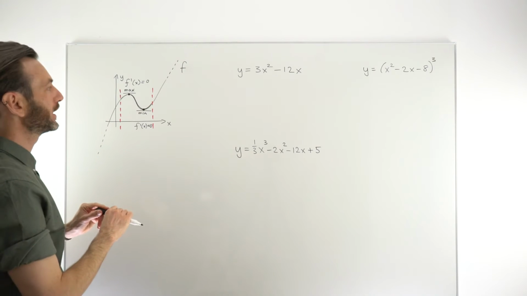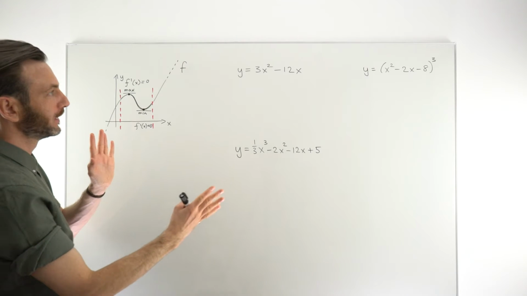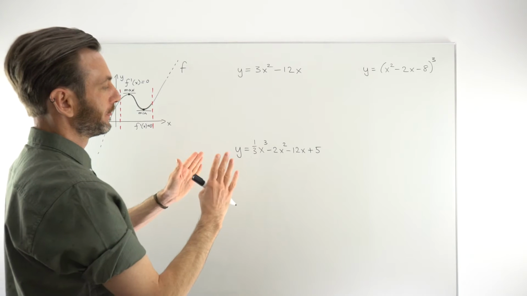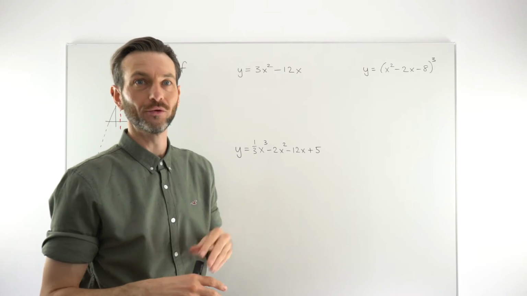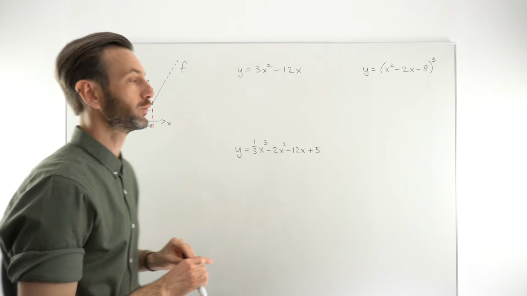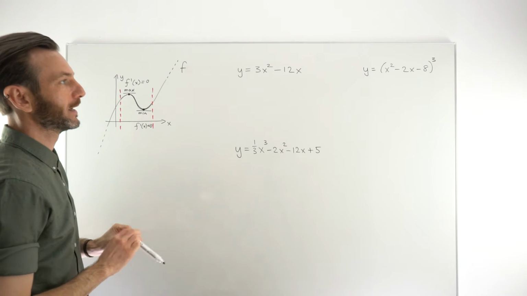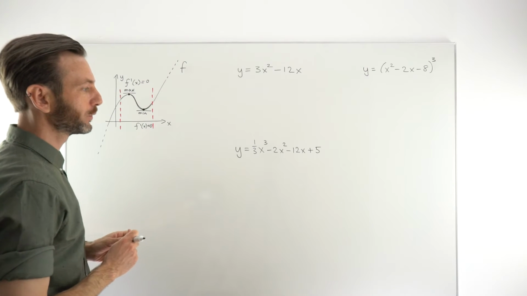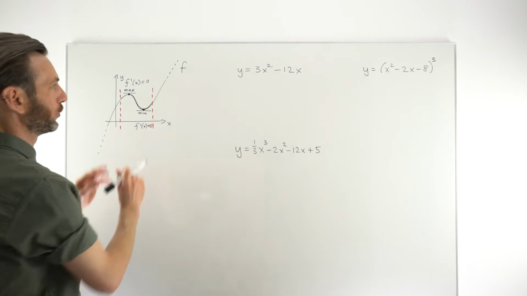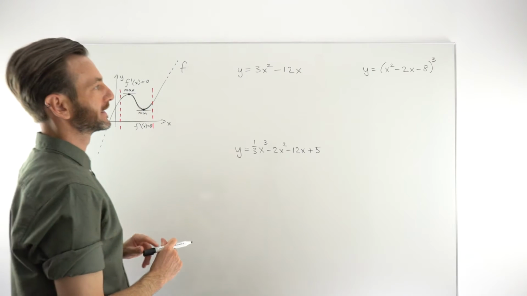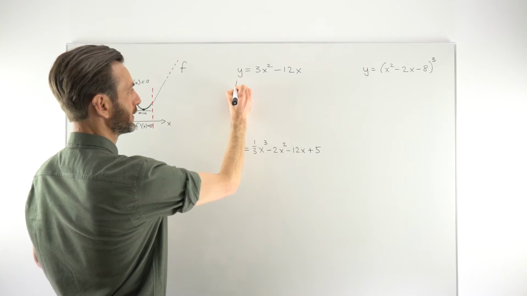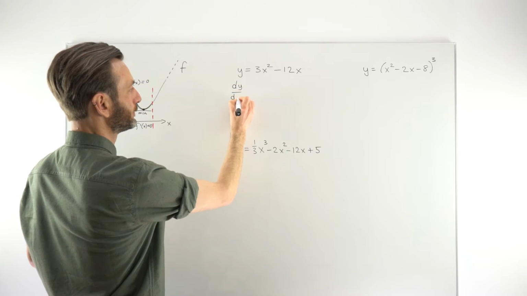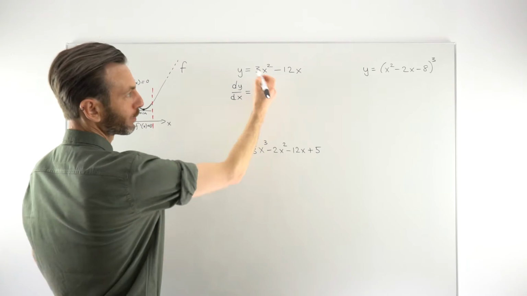But if we just trust the algebra and trust the derivative process, then that is fine. We don't need to worry about the actual geometry. So let's just go ahead and get into this example. If we start by taking our derivative, so dy dx, just using the power rule for this one.